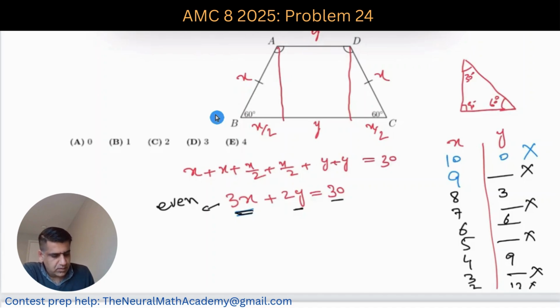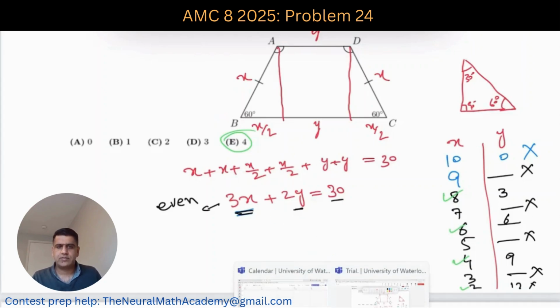So the total number of possible options is 1, 2, 3, and 4. So 4 is the answer for this question. If you wonder why I didn't include 1, that will also make this odd and it will also not work.